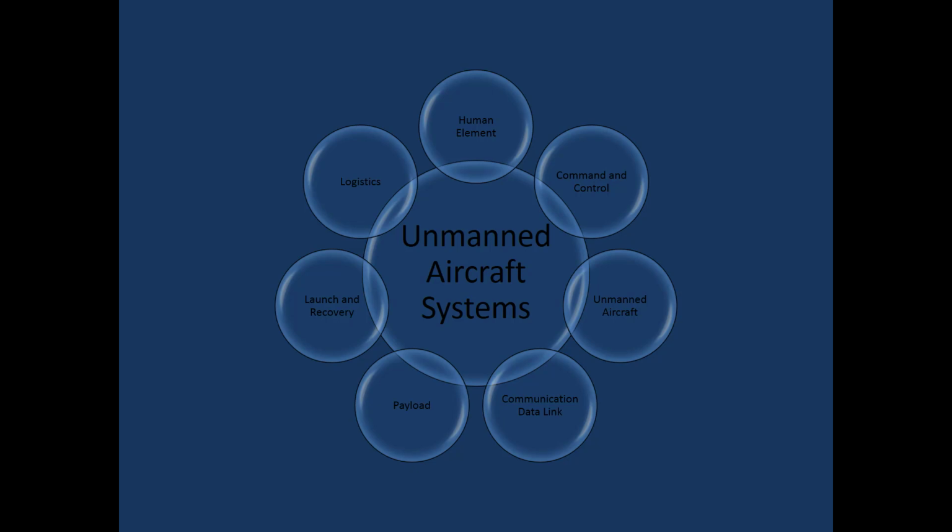So I've heard stories of people in combat taking ground fire from hostiles and actually ducking, even though they were flying the aircraft from hundreds of kilometers away. But there's always going to be the human element. So even though we talk about being unmanned, you're not physically in the aircraft, but you are physically attached to it through communications and data link, all that.